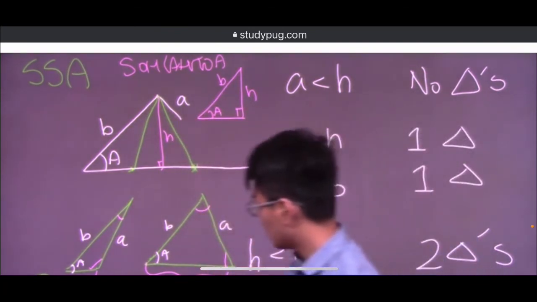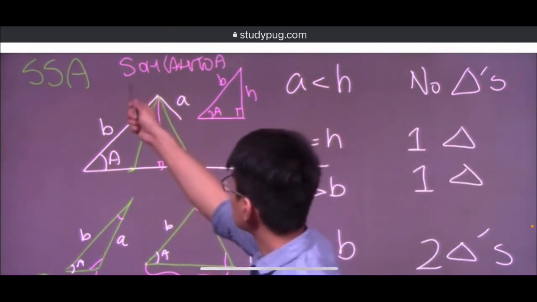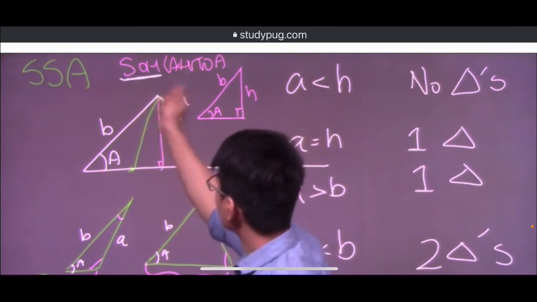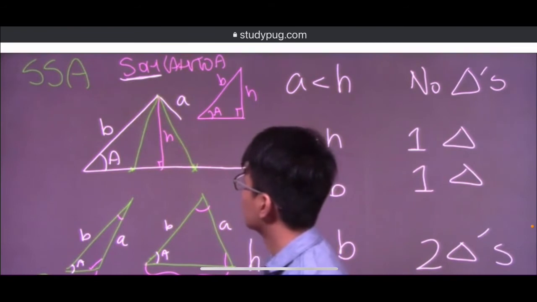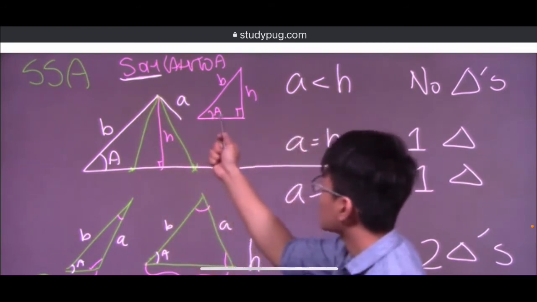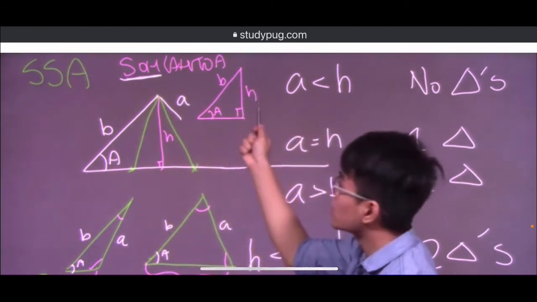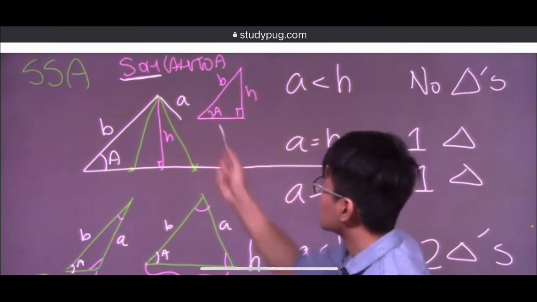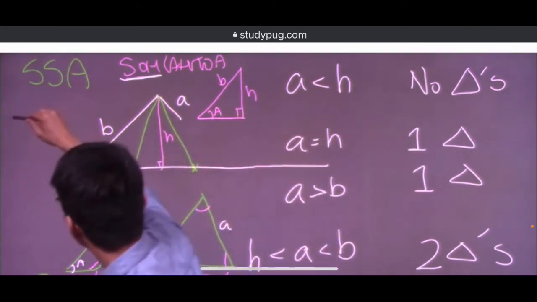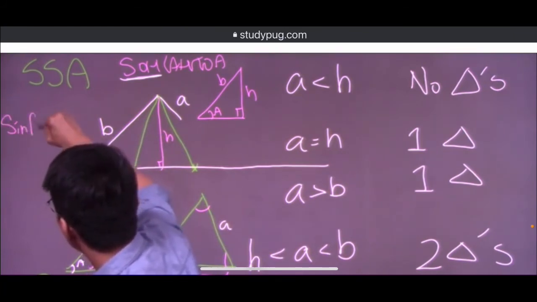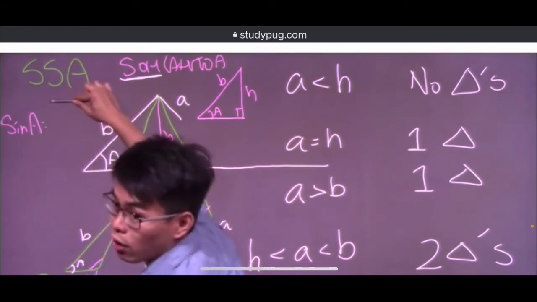So we're going to use SOH, because sine of A is opposite, which is H, over hypotenuse B. Here we have sine of A equals opposite over hypotenuse.